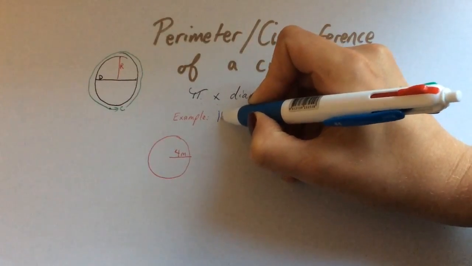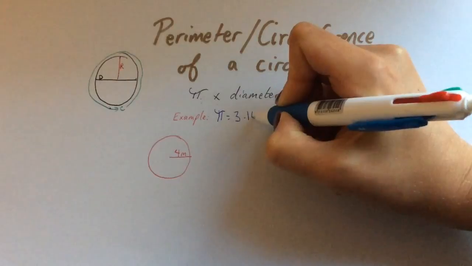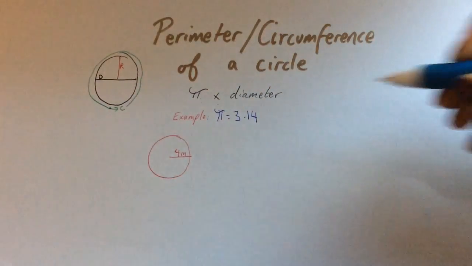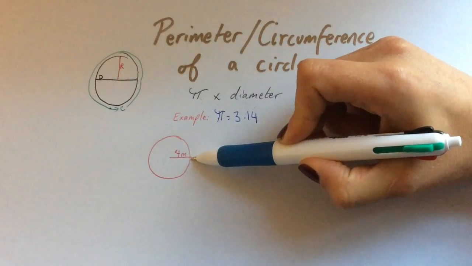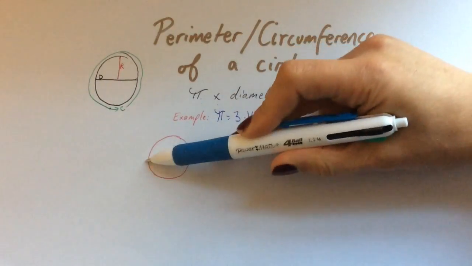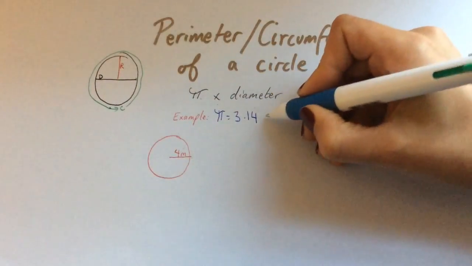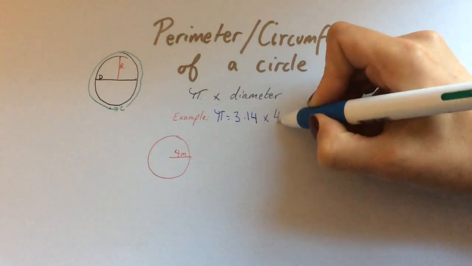Pi equals 3.14. For the diameter of this example, we only know the radius. So to find out the diameter, we simply double it. The diameter of this one is 4.